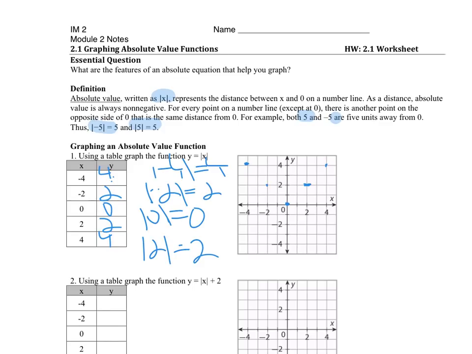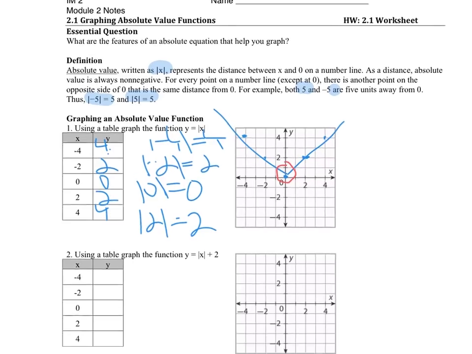And we get a graph that looks something like that, where those are straight lines. So we can see, similar to a linear graph where we get straight lines, but you can see we have this part down here, what we call the vertex, where we definitely change and go the other direction.